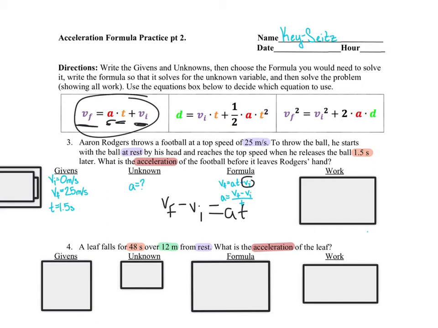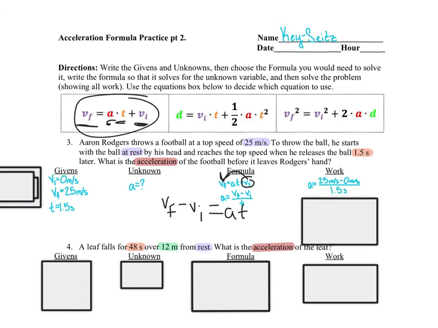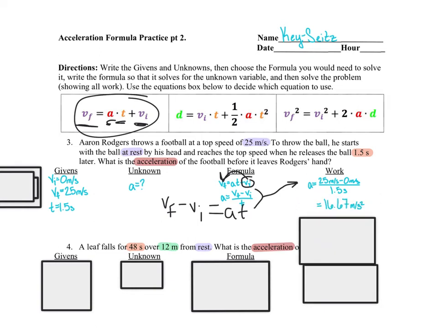All you're doing is sending that initial velocity to the other side. So when we do our work, again, I'm just plugging in my numbers. I take this last equation we find, and I plug in my necessary numbers under given. Great. I plug it into my calculator, and that's what I get. 16.67 meters per second squared.